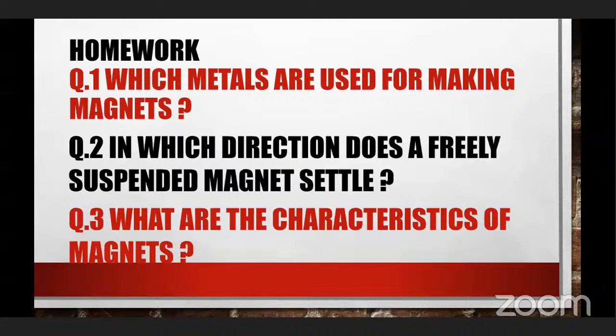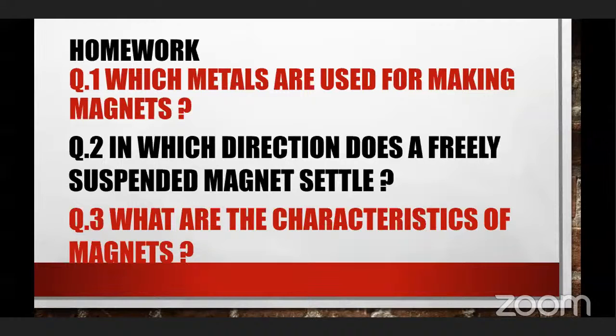This is one characteristic. A freely suspended magnet settles in the north-south direction.